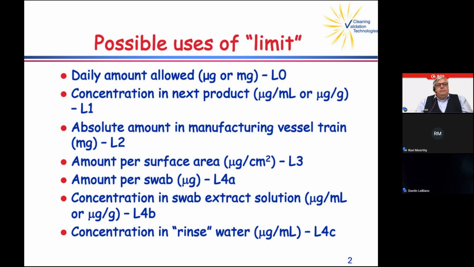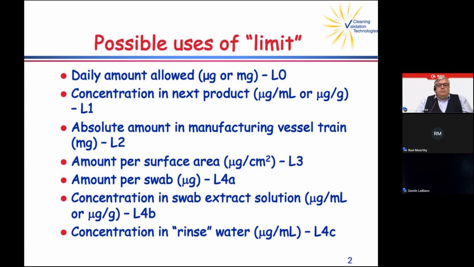That's L4B. L4A is also for swabbing, but it's the amount per swab, typically micrograms per swab. It's related to the concentration in the swab extraction solution, but it's the total amount, so the units are just micrograms.